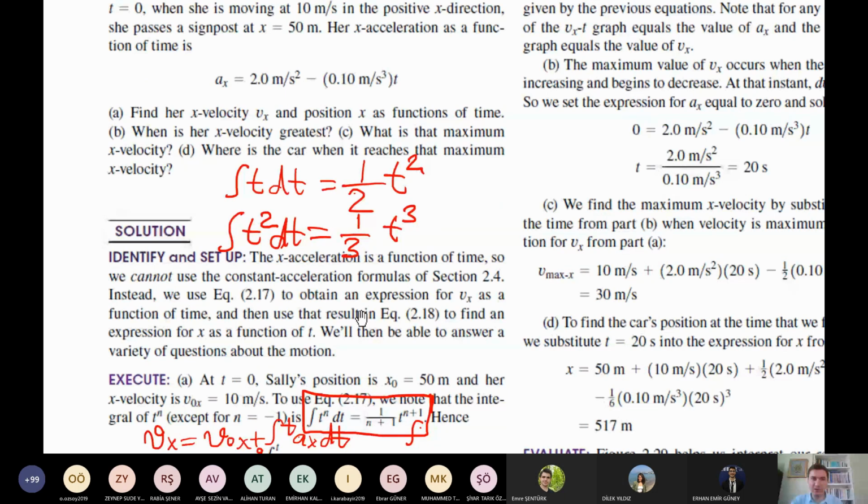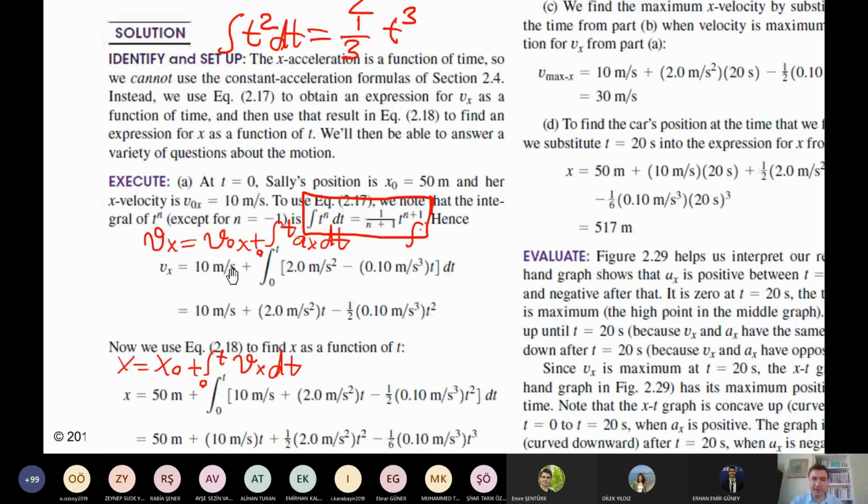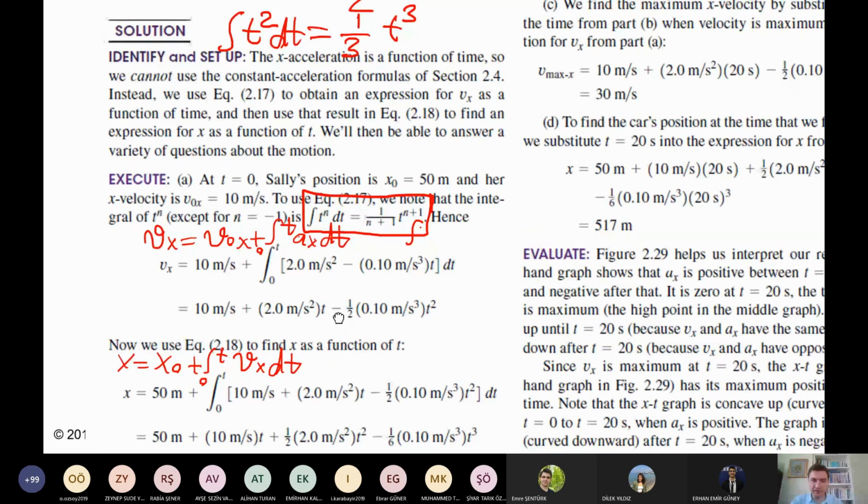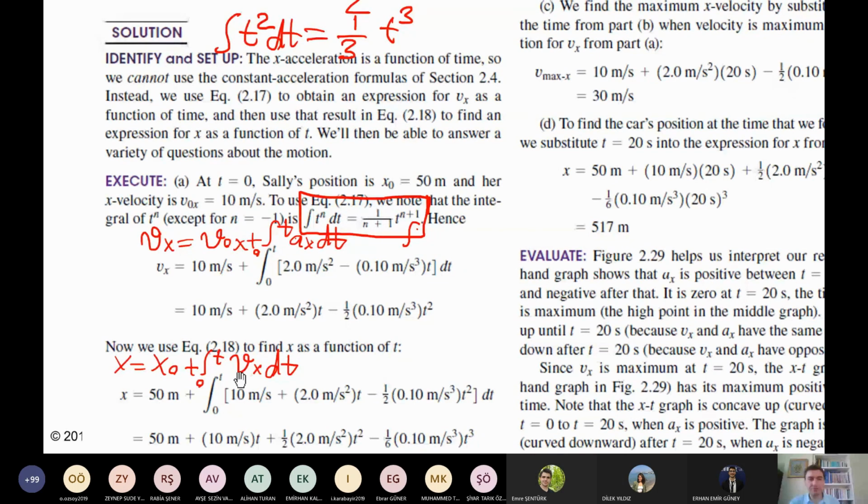What about the position? This was the initial position of Sally, 50 meters, plus the integral over t. So instead of vx, I use 10 meters per second plus 2 meters per square second times t minus 1/2 of 0.1 meter per cubic second times t squared.